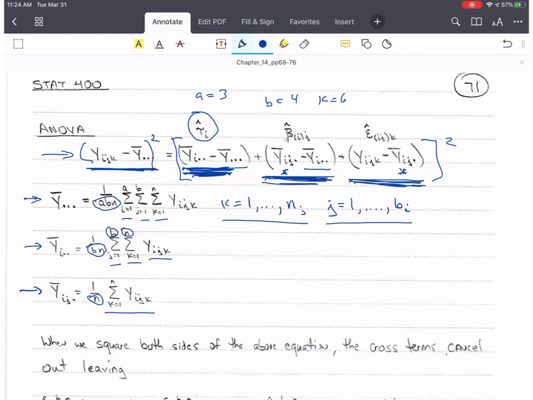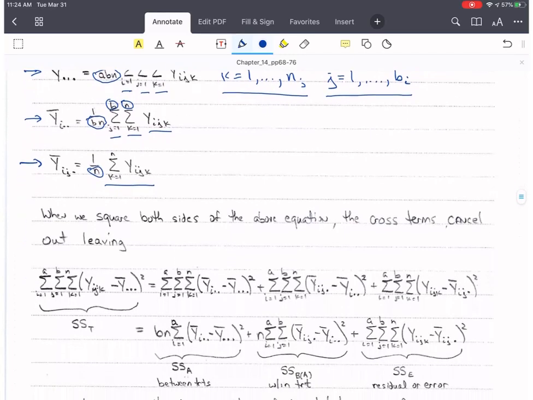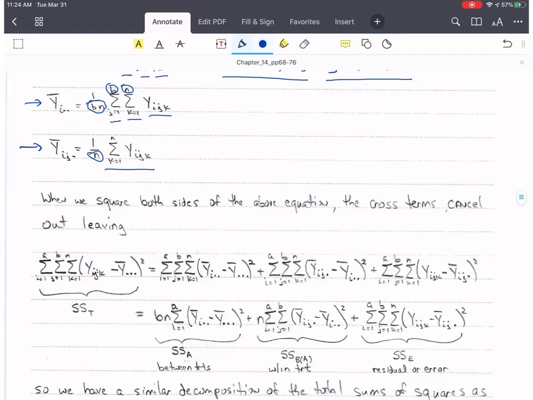It's beautiful, but it's really messy. So we end up with the sum of squares of the first term plus the sum of squares of the second term plus the sum of squares of the third term. Now in this first term, we only have i. Oops, that's not very pretty.